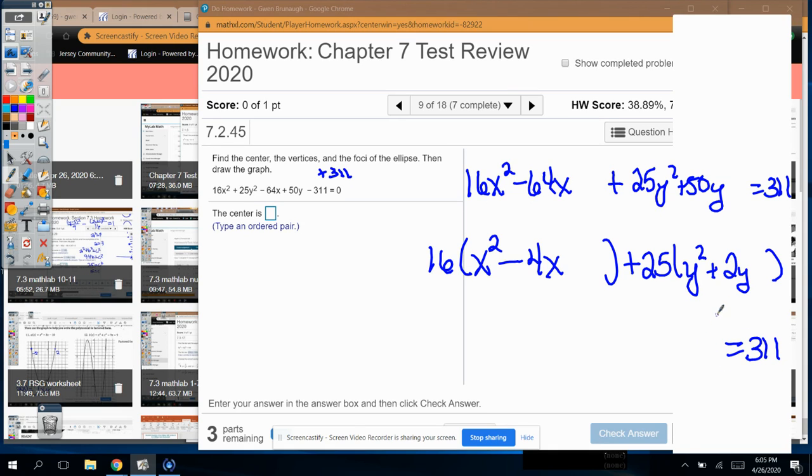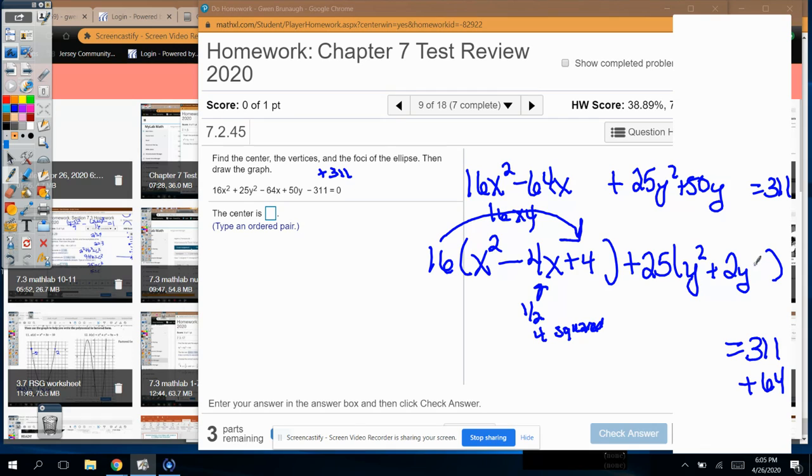Find the magic number. Half of 4 squared. So half of 4 is 2. 2 squared is 4. But when I put 4 there, I have to take 16 times 4, which is 64, and that's what I add to the 311.